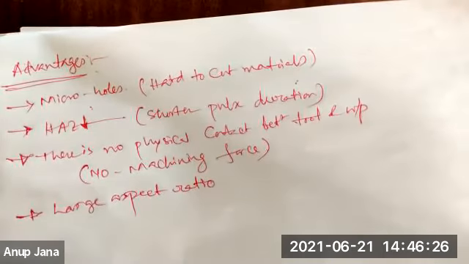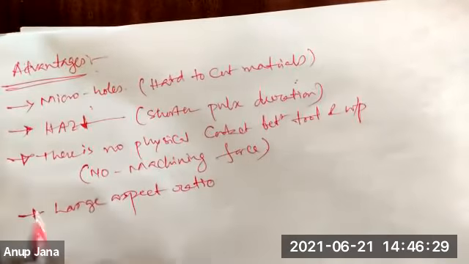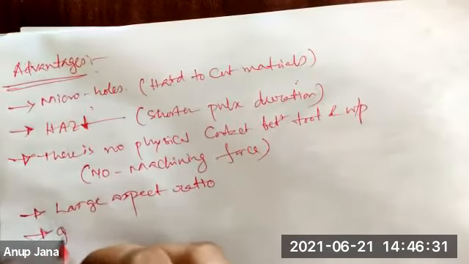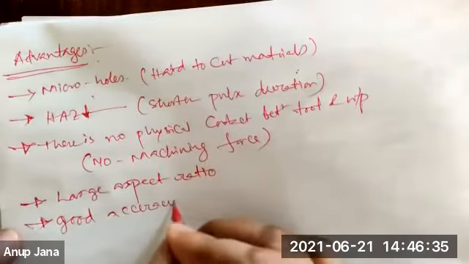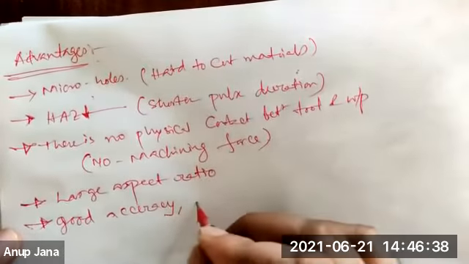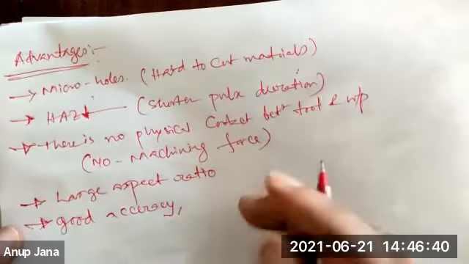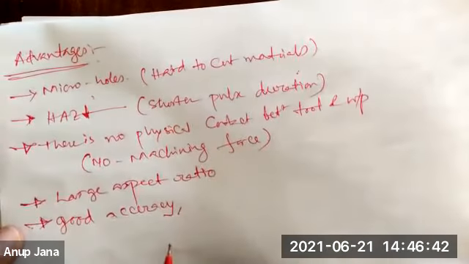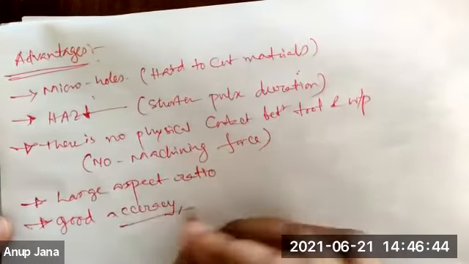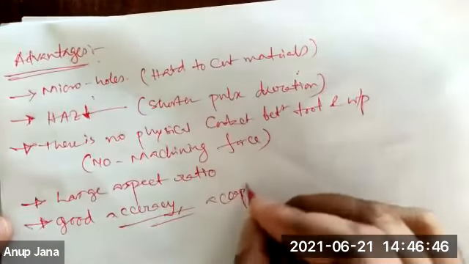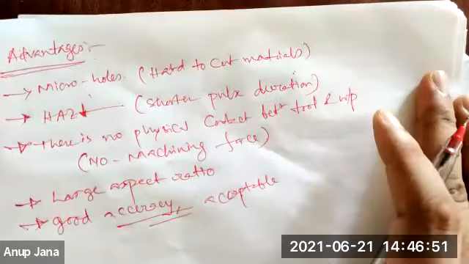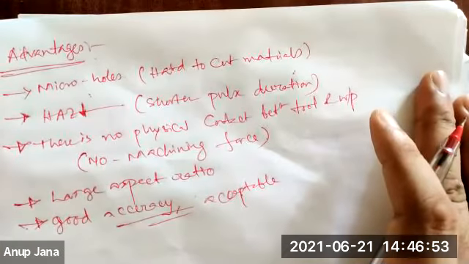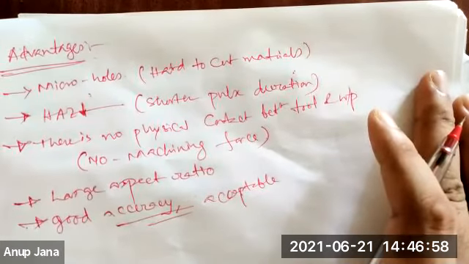Not only that, we can also find very good accuracy, in terms of dimension, form, or location. The accuracy is acceptable, it will be in an acceptable range. So these are some advantages. I hope you people understood.